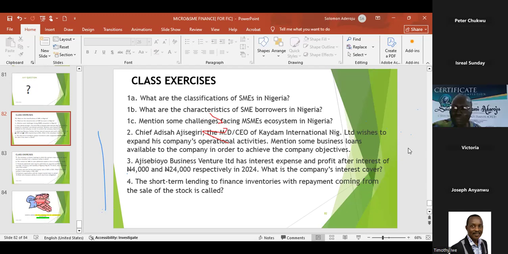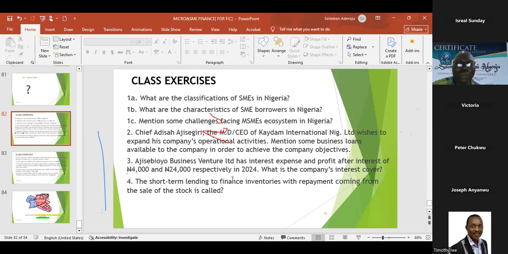The short-term lending to finance inventory, with repayment coming from the sales of the stock, is called what? What is the answer to number 4?